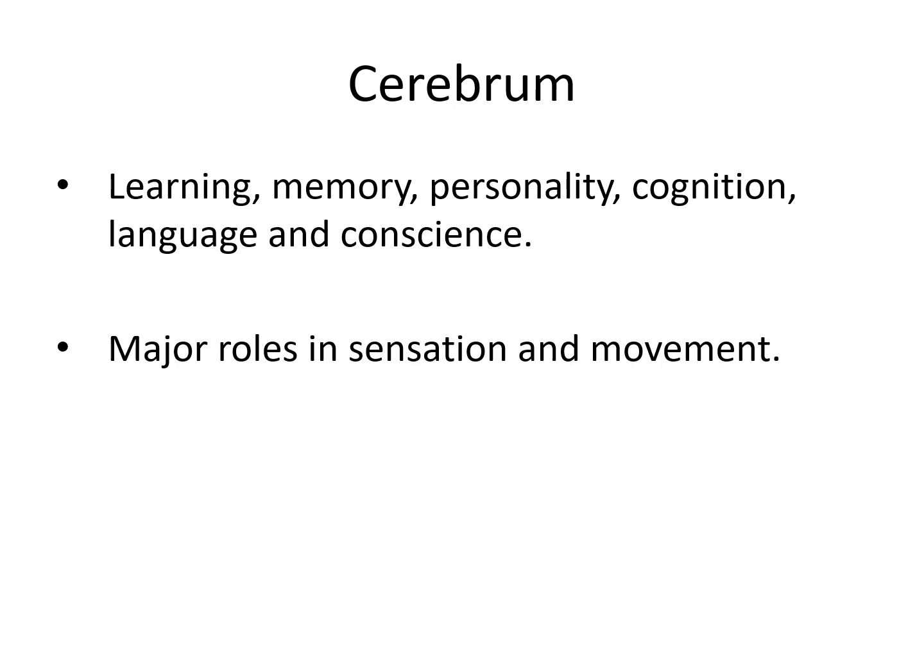The cerebrum is important for learning, memory, personality, cognition, language, and conscience. So these are all characteristics that we attribute to us humans that distinguish us from most other organisms. It also has major roles in sensation and movement.